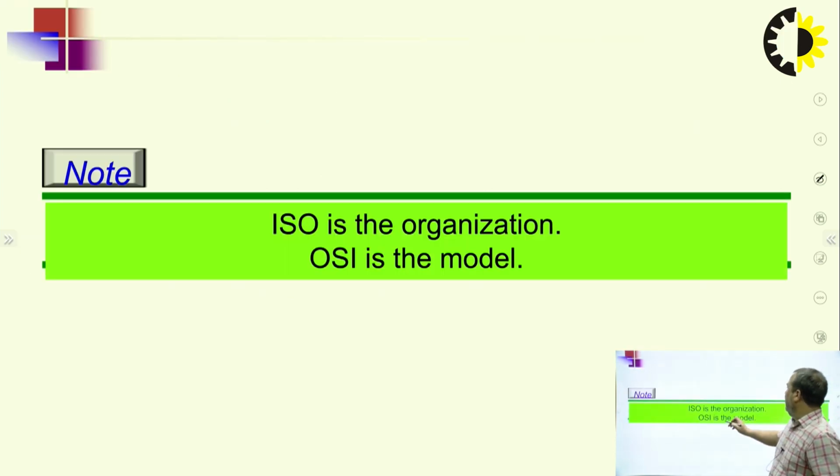Note that ISO is the organization while OSI is the model, and this model is for communicating between two devices: how the communication between two systems, devices or nodes is conducted.